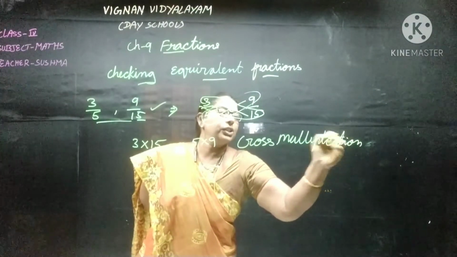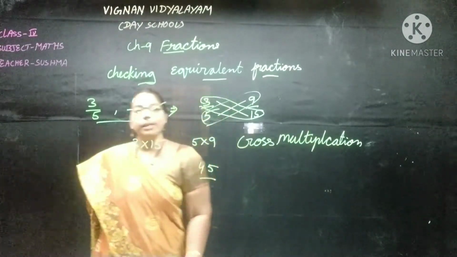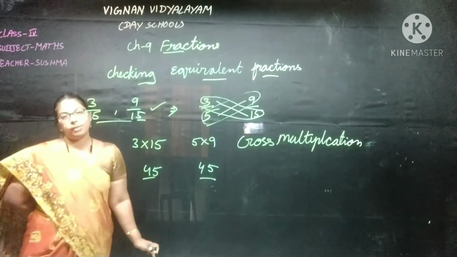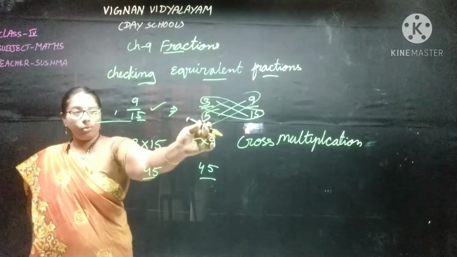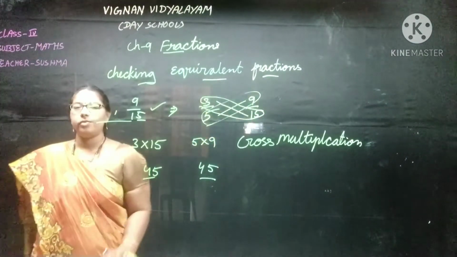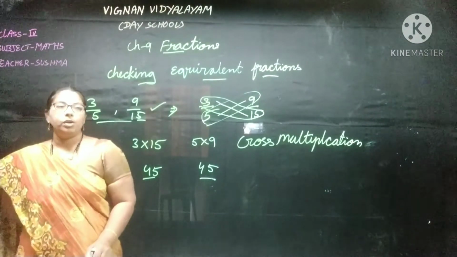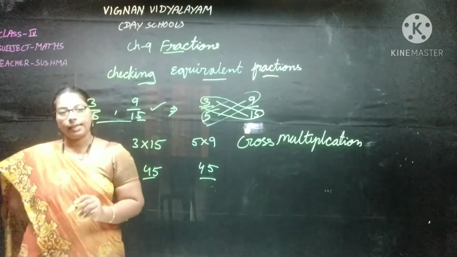Cross multiplication means you have to multiply the numerator of the first fraction with the denominator of the second fraction and the denominator of the first fraction with the numerator of the second fraction. And if the product of these two are same, we say the two fractions are equivalent.